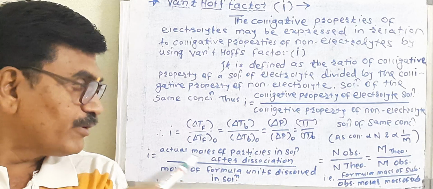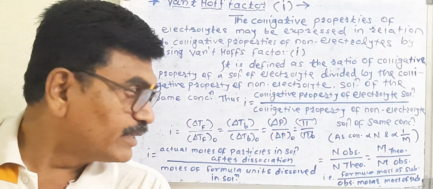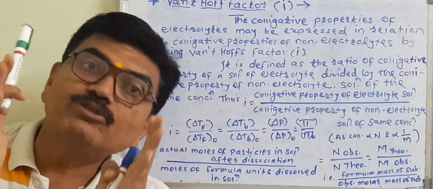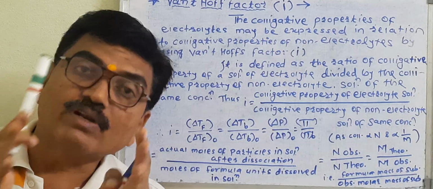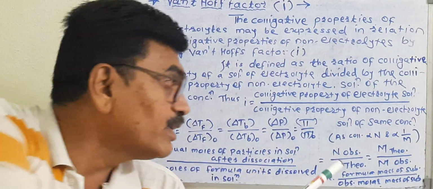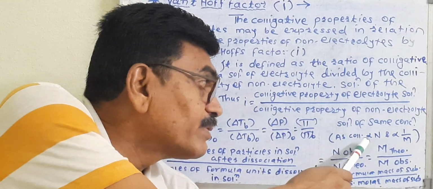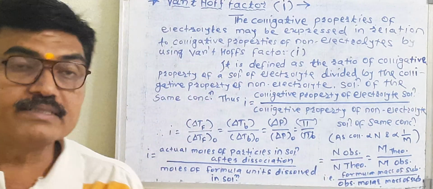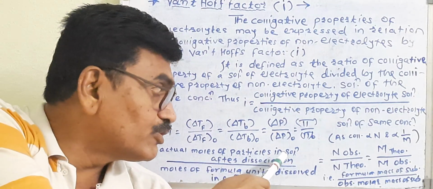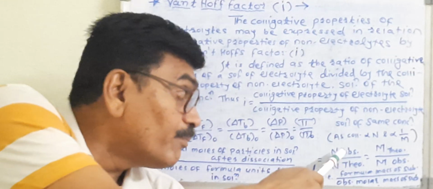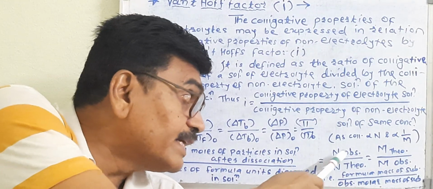By comparing this, we know that the qualitative properties are directly proportional to the number of particles. As qualitative properties are directly proportional to the number of particles, we can write that after dissociation of the electrolyte the number of particles observed is n observed.